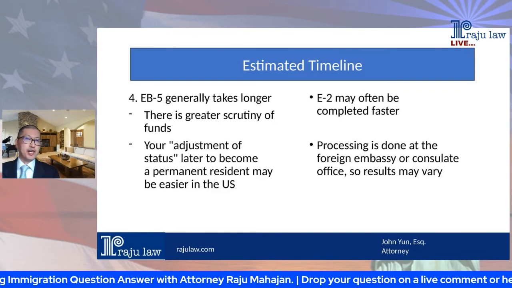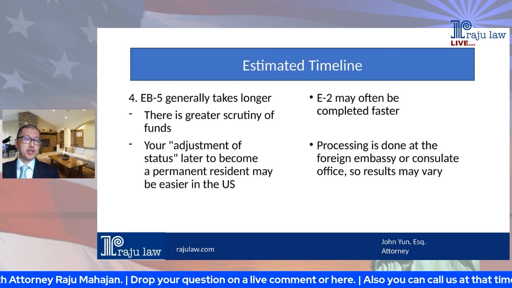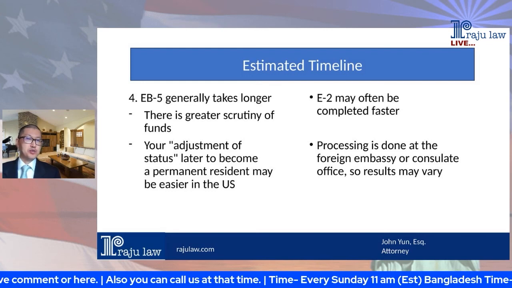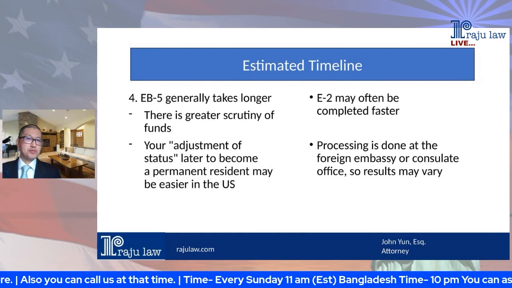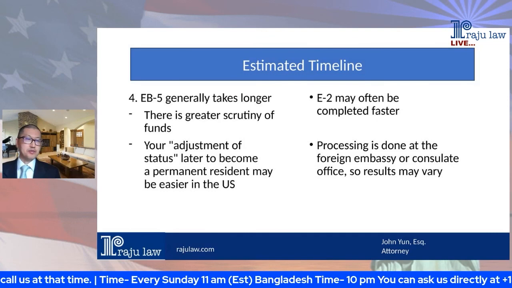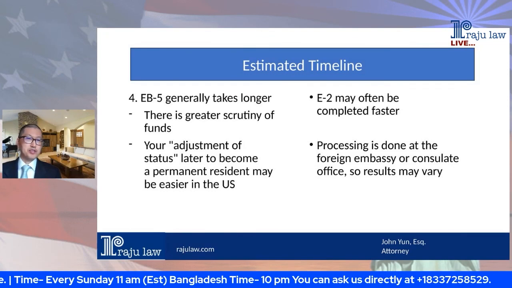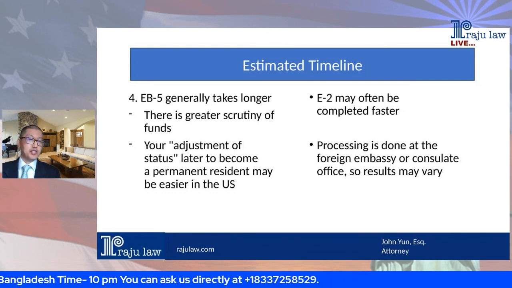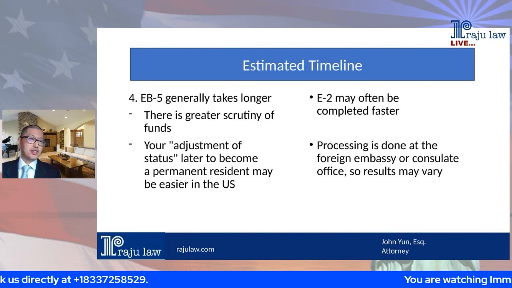Sometimes we've actually had people print out the documents and we direct them which office to go to in their country. So it could be easier in some ways, but also, you do have to, in many cases, go to the physical office. So, as we said, the results can vary depending on which country you're processing. Next slide, please.